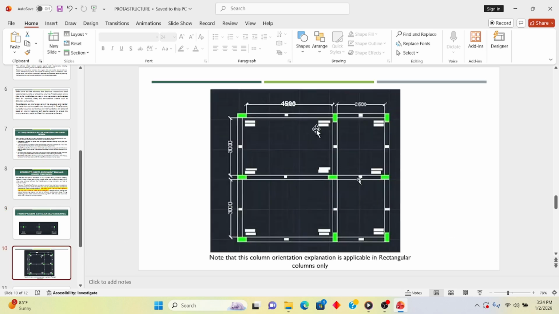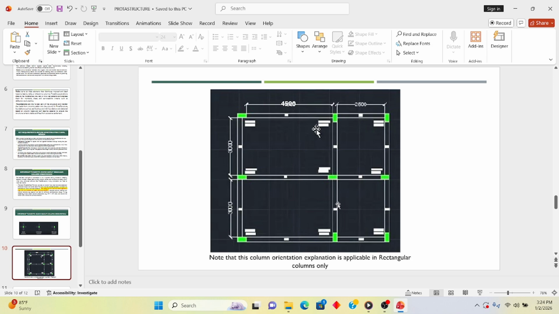But in this case, if you look at the load coming from all four ends, you will see that the moments from each of these cannot be equal. Here we have a beam of 4,500 exerting bending moment to this column, and then this one of 2.5 exerting a compressive force to this side. Then we have 3000 and we have 3000.